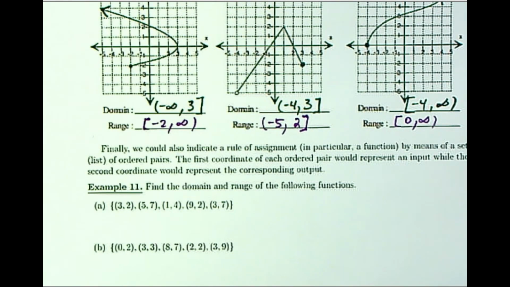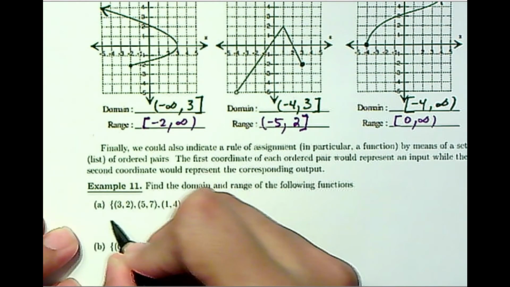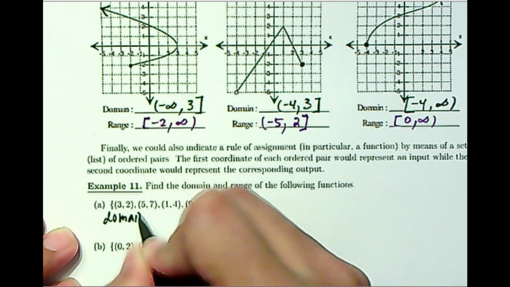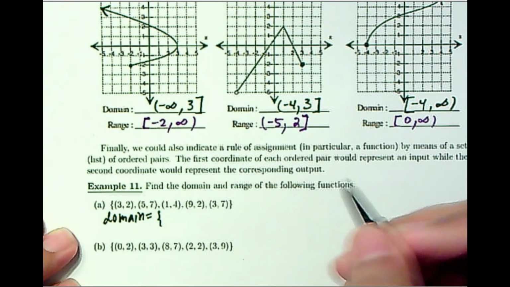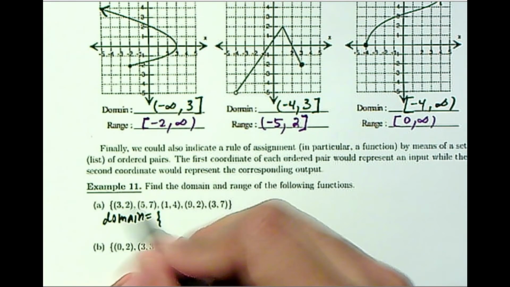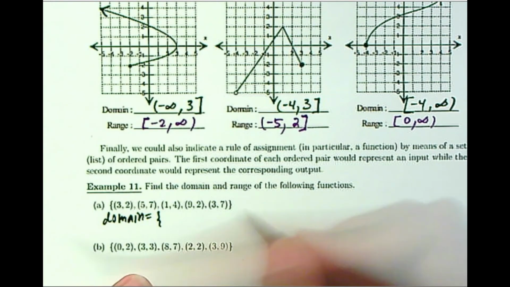The domain is the x values. That means the first coordinate, and the range is just the y values, which is the second coordinate. So this is going to be easy because then the domain is like the x's, right? The first coordinate. So you write all the first coordinates, write them down.